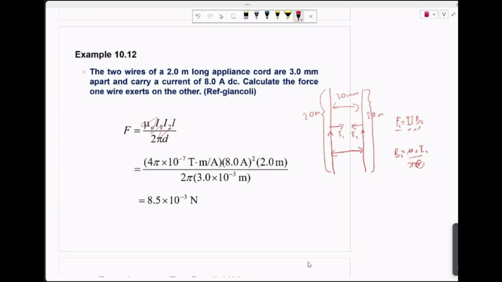As I mentioned before, you can use this if you are really confident that you can remember it. If you remember these two, you can definitely still use this.